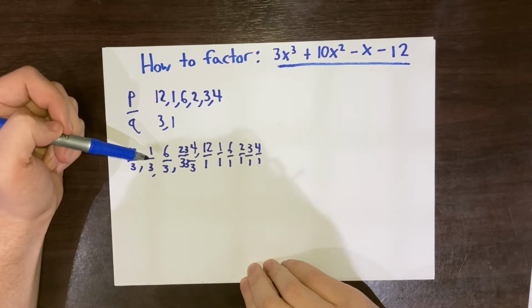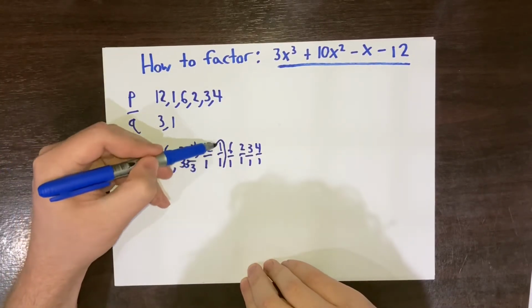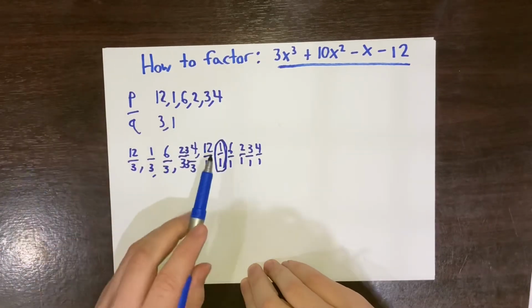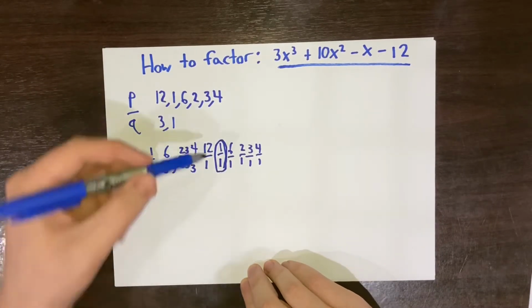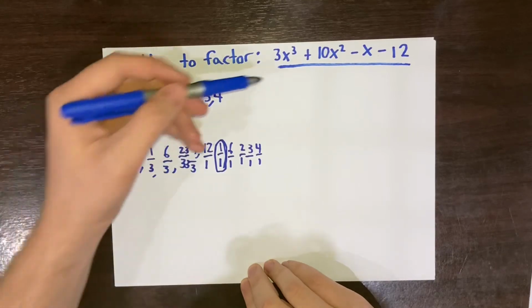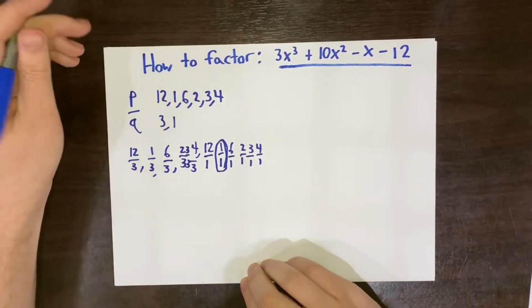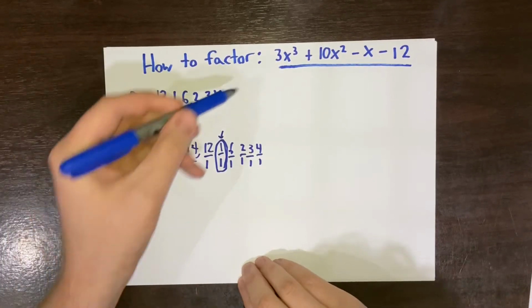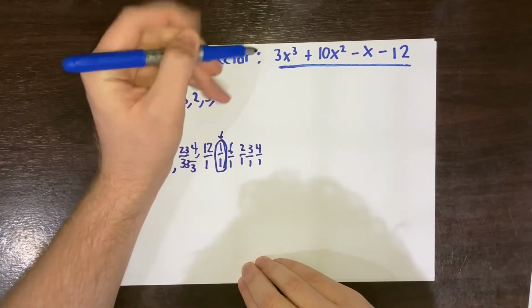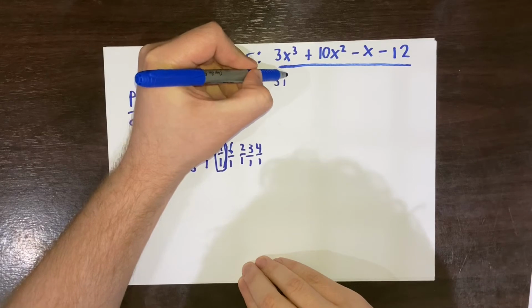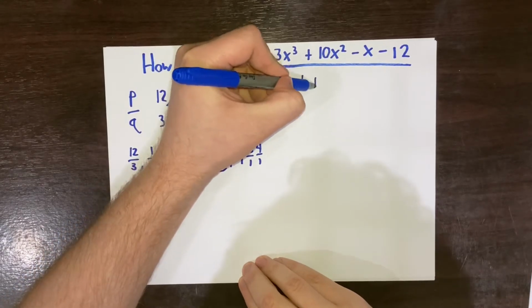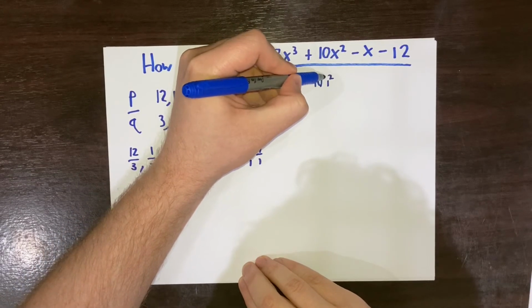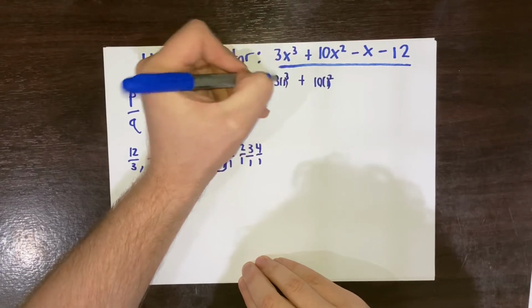And what I can see here is that we have 1 over 1 as one of our options. And that's usually going to be the simplest one just to check. So let's plug in 1 to this expression and see if it zeroes out, just to test if 1 actually is a root, because it's probably the fastest one to test. So 3 times 1 to the third plus 10 times 1 squared, right?